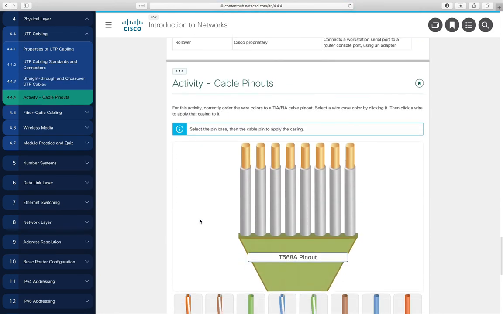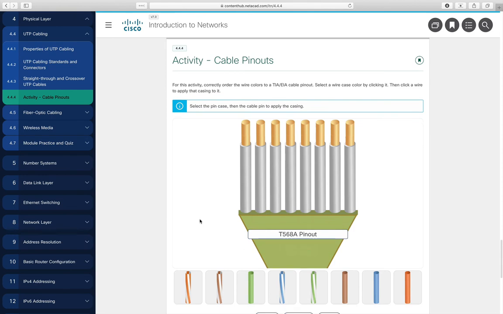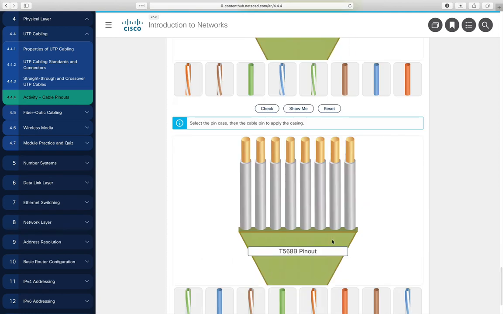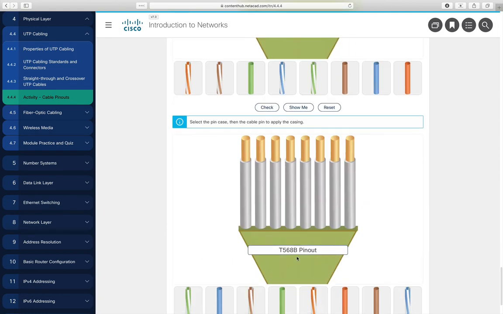One thing that used to be a really big deal and that students worried about is actually going through and making sure that you could make cables. Obviously, with this being an online class, we're not going to make cables. But here's an activity to make sure you can do a pinout or a T568B pinout.